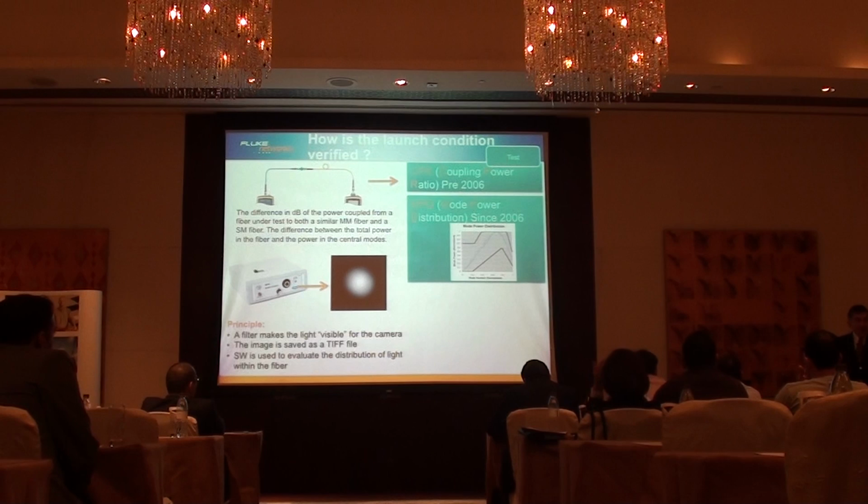So every single light source that came out of the Fluke factory was tested to make sure that it falls within this template to give you realistic results. But the problem was that you could not figure out what exactly was there. You had the mode power here, and then the mode number, and it was really complicated, and they had to do a lot of normalization and so forth.